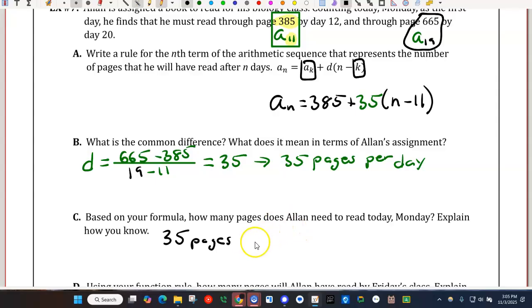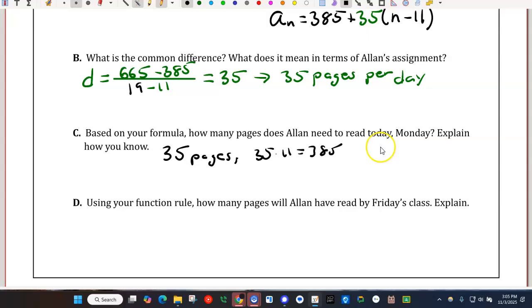Yeah, just use the formula, and that explains that. Could also say, well, 35 times 11 does give us the 385, so we can confirm our formula actually works. Or you can say times 19 will give us 665, either way. And then using the function rule, how many pages will Alan have to read by Friday's class?